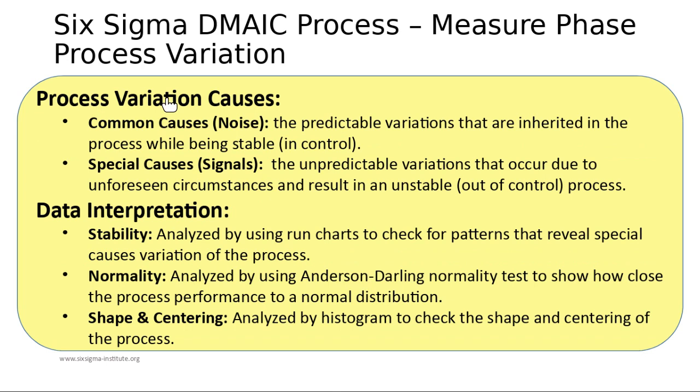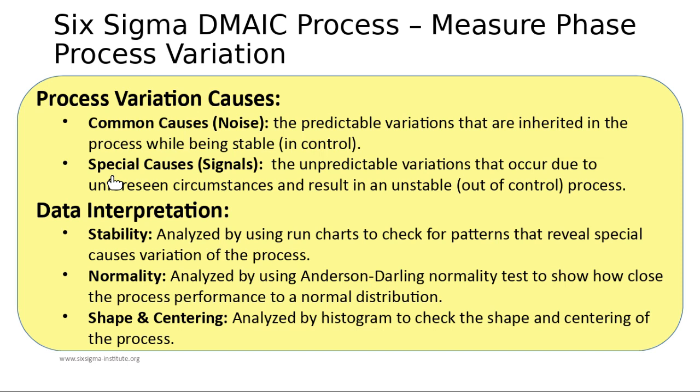The process variation causes are either common causes or special causes. Common causes are inherent to the process when it is stable, meaning, let's say, average performance from employee to employee, but within the specification limits.